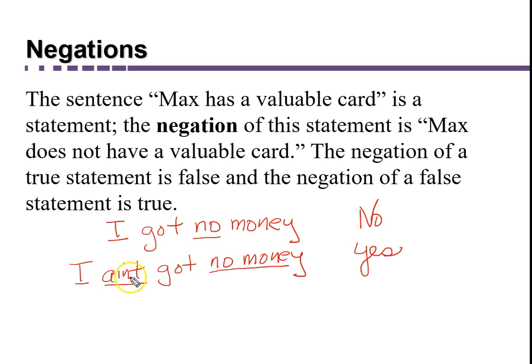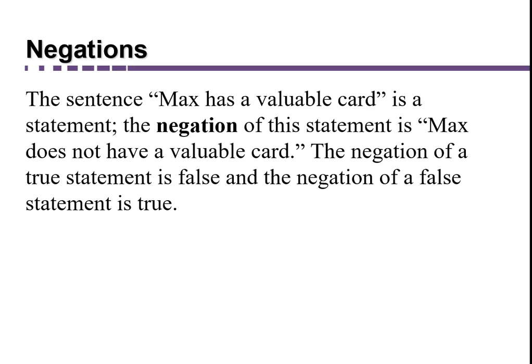So you are negating that you have no money, which implies that you do have money. So the negation of what would be a no makes it a yes. A little bit of words and syntax and things like that. Let's go on.